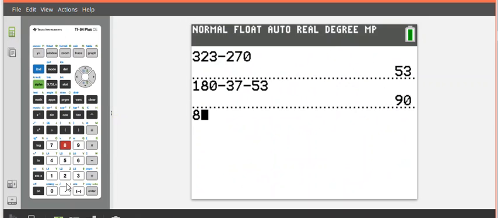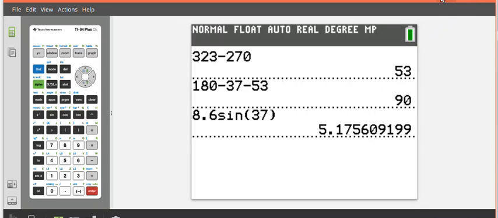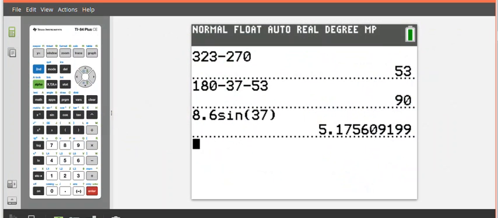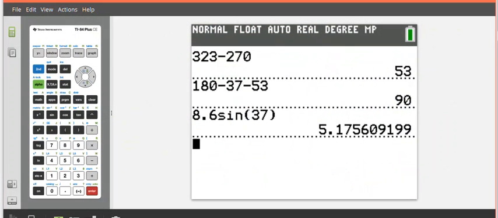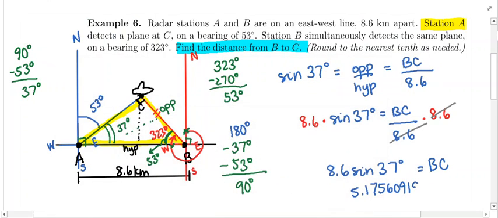So we're going to have 8.6 times the sine of 37 degrees. And here we are, I will write this out in full decimal expansion. This is going to be 5.175609199. So that is the length of BC.